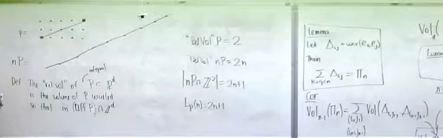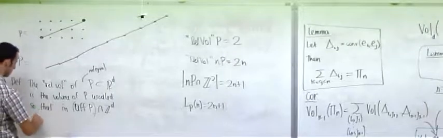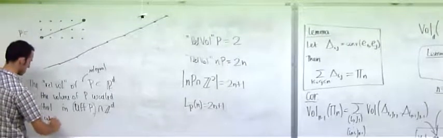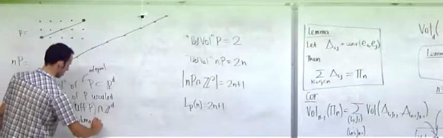Okay? And in that lattice, you want the unit cubes to have volume 1. Okay?